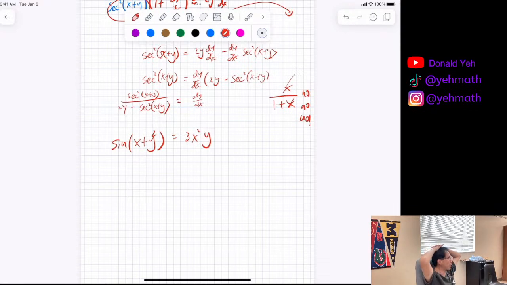So the chain rule is also applied to implicit derivatives. Like I said, calculus is not really calculus. It's algebra, manipulation, algebra.